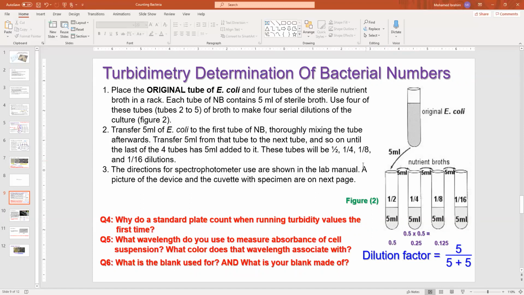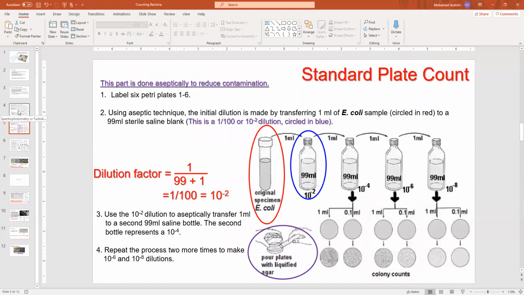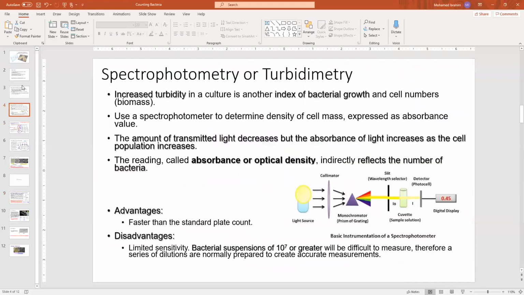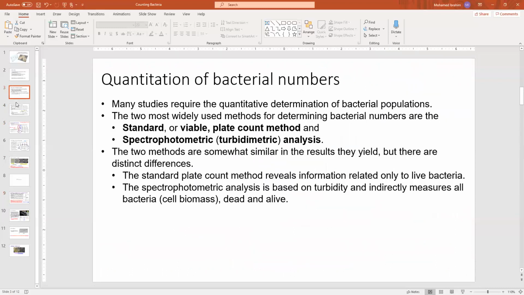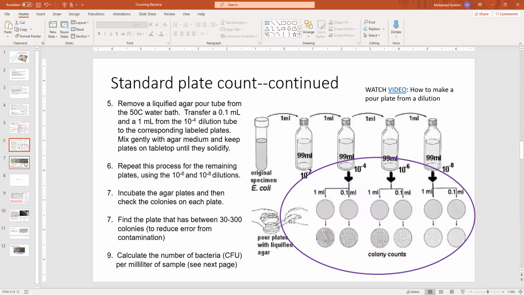Okay. Anything else for this lab? Nope. Okay. Can we go over the first one, dilution? There was only one question on it. Yes, but it had multiple parts.